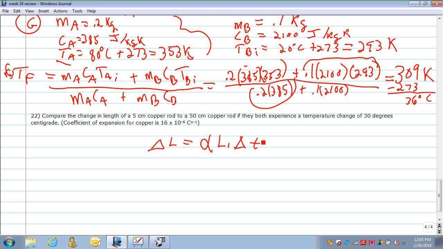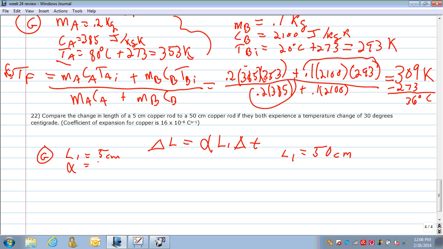Okay? And what this says to us is that the change in length depends on what it was initially, and the change in temperature. So mathematically speaking, we have one length equal to 5 centimeters. We have another length equal to 50 centimeters.